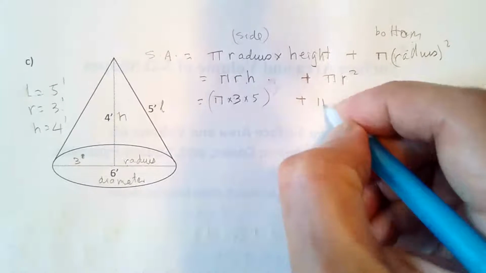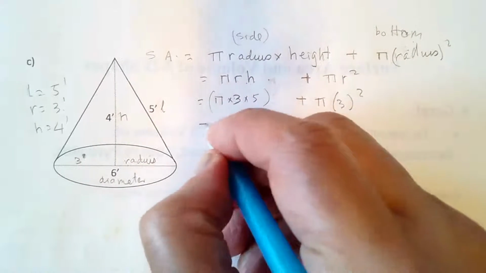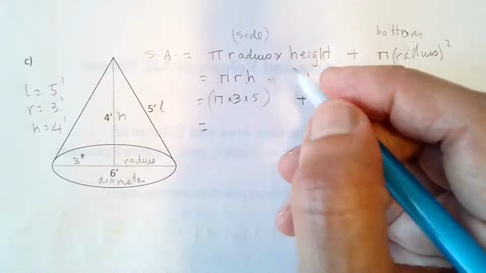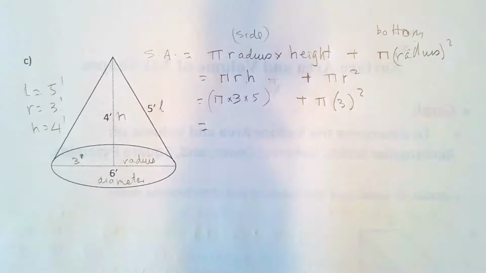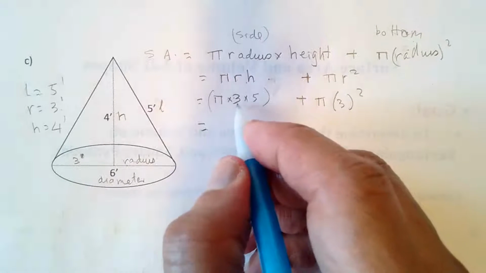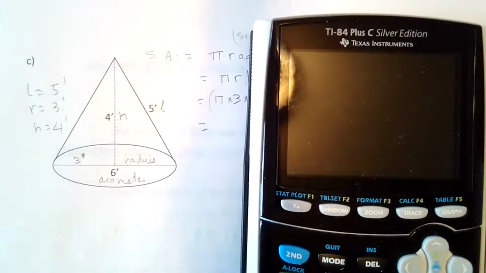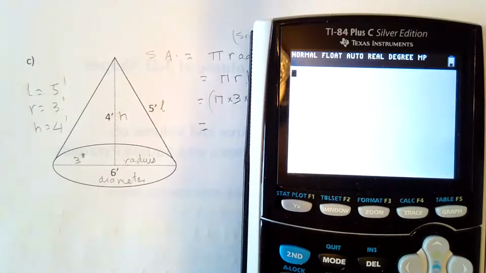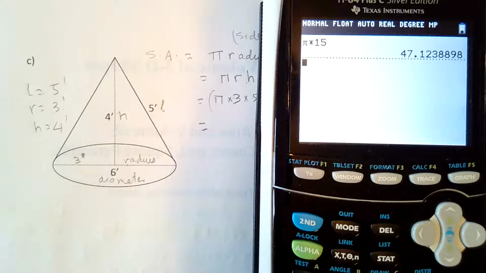Plus pi, our radius is 3 to the power 2. Now go to a calculator. This would give us 3 times 5, 15, times pi. Now that's very difficult to do in my head, so I'll get my good friend calculator here to do the work. So pi times 15, 47.12.